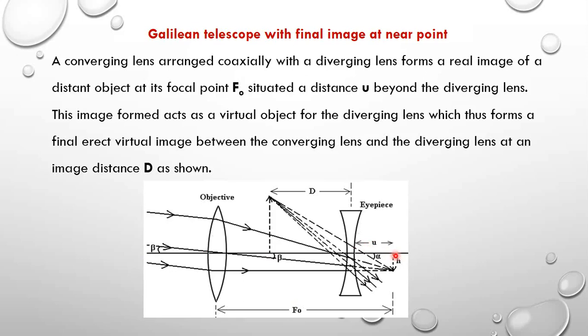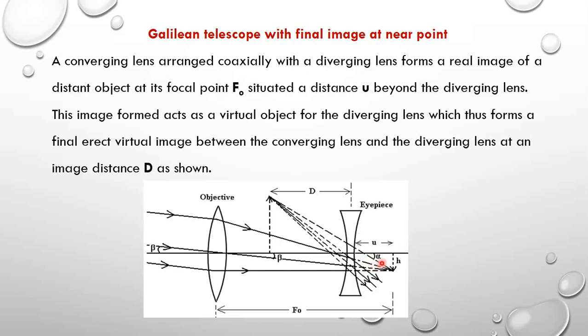So this distance is going to be f naught, and then this distance is going to be u. Still, angular magnification alpha is going to be h over u, and then beta is going to be h over f naught. So we shall have that, and then we can get the angular magnification.